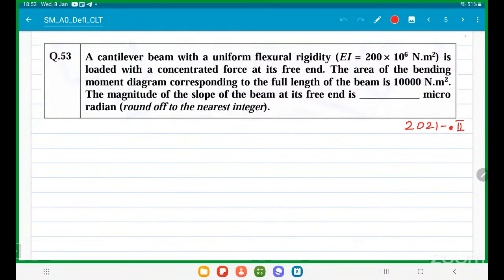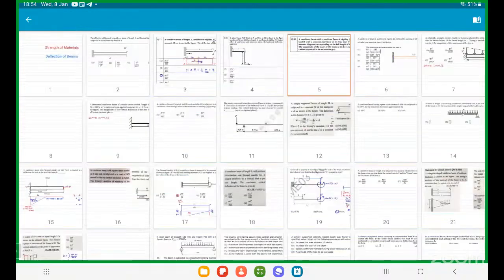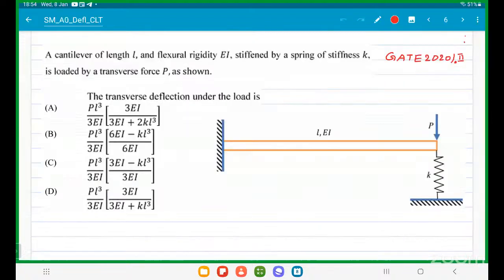Take the screenshot. Okay. Take the screenshot.